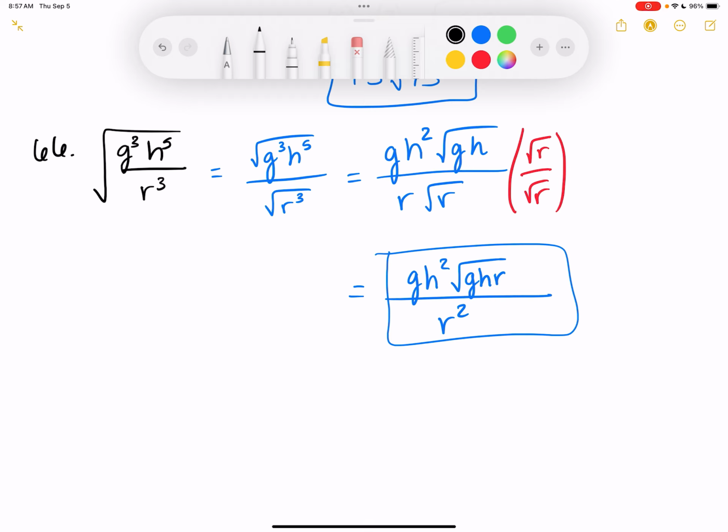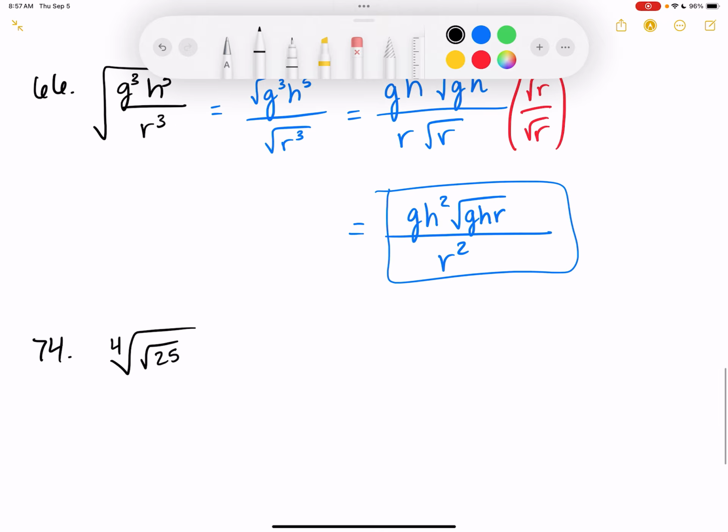But 74, I have the 4th root of the square root of 25. What's different about this one? Here's a square root, a square root. 4th root. Anything after 3, we just say like the number, whatever. It's like 4th, 5th, 6th, 10th root.